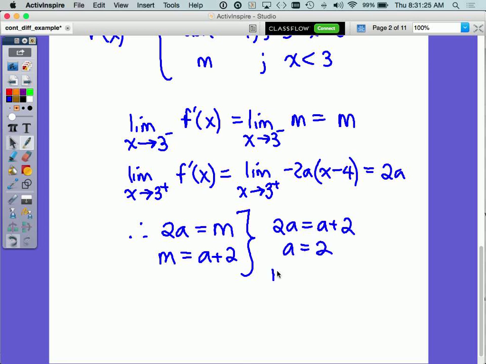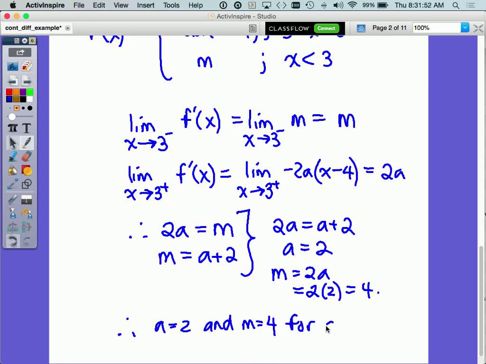And I know that m equals 2a and a equals 2. So therefore, m equals 4. And so I'm finished now, and I can say that for this function to be differentiable, I need a equals 2 and m equals 4.